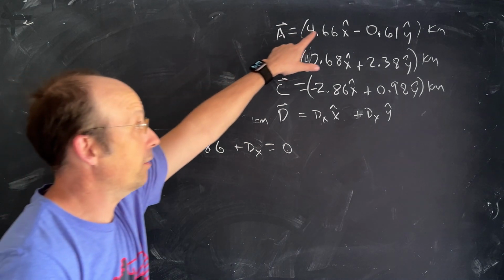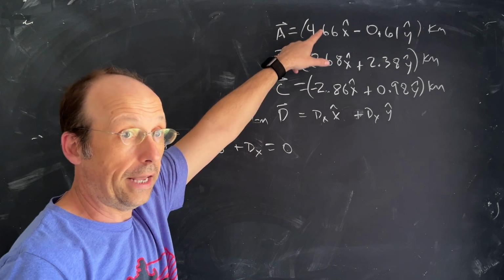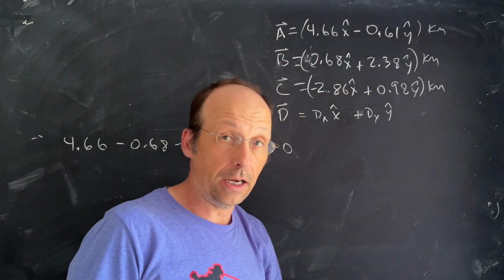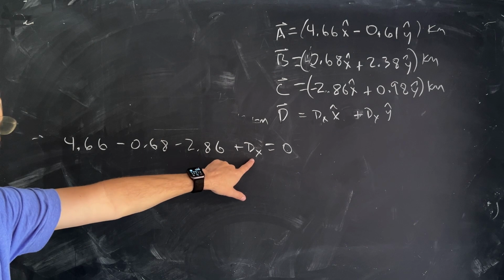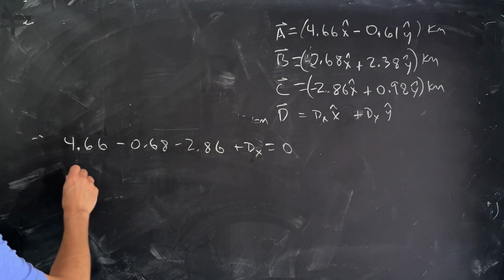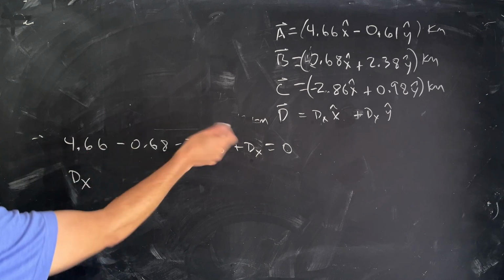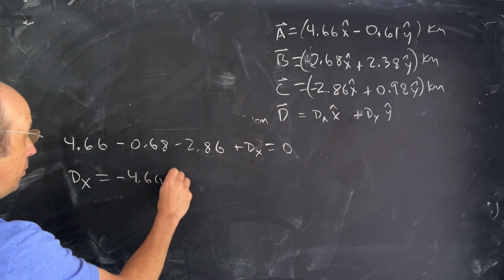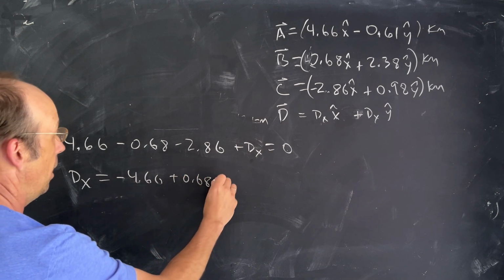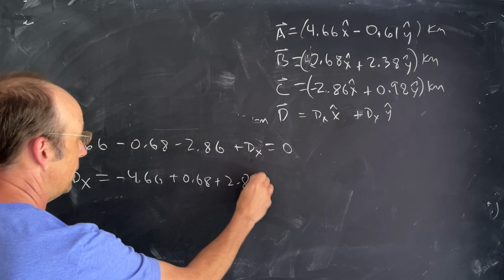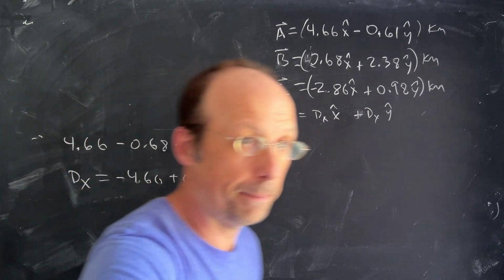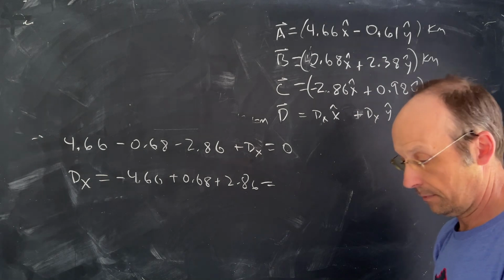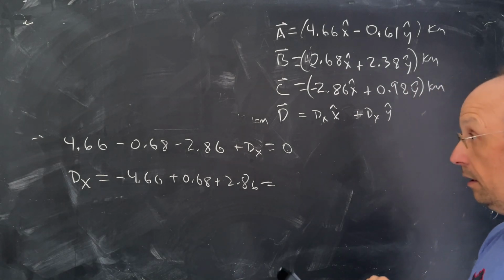That's what this says, right? Because remember when we add our components, we add the x components together and we add the y components together. So if I add the x components together, I get this equation. I can solve for dx by just putting this other stuff to the other side. Negative 4.66 plus 0.68 plus 2.86, and I get calculator time. I'm not going to do that in my head.